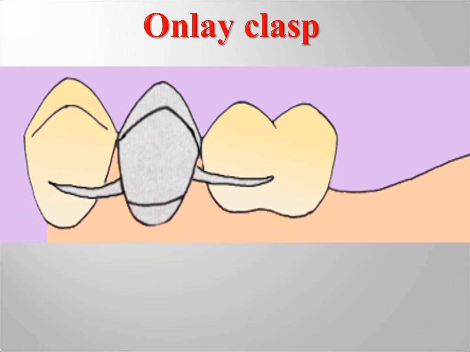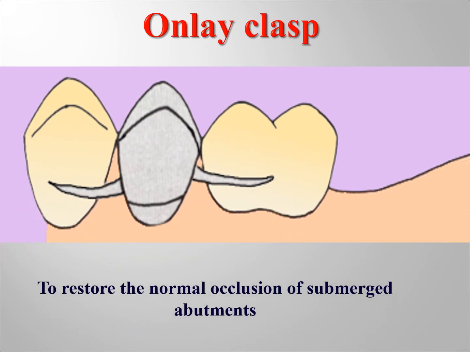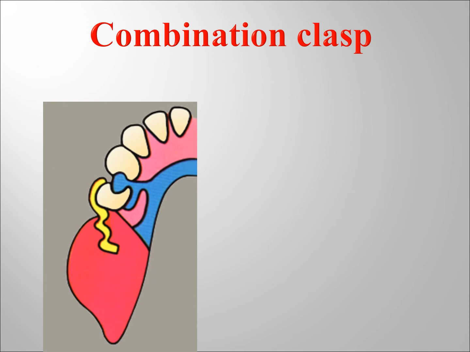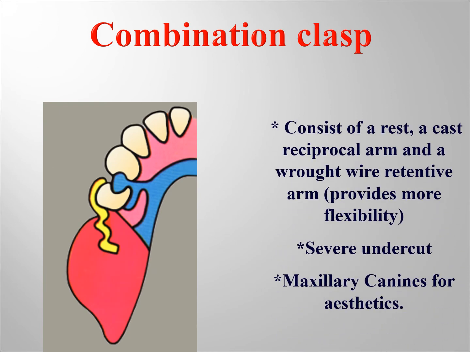Okay, onlay clasp. This is used to restore the normal occlusion of submerged abutments. And combination clasp. This is commonly used in maxillary canines for more appropriate aesthetics, or when you have severe undercuts. So it's a combination.